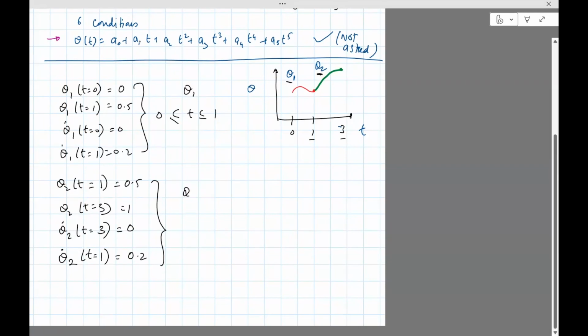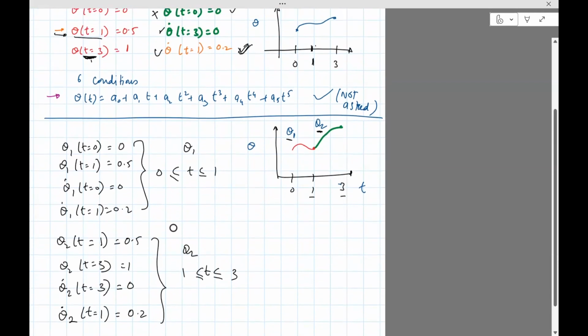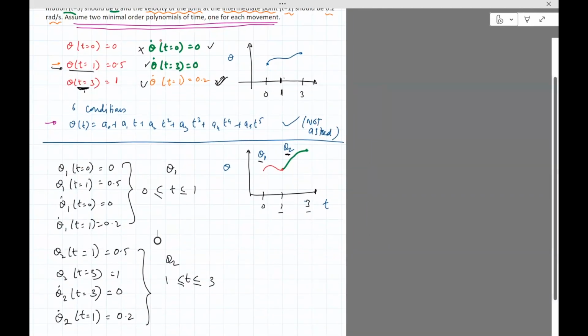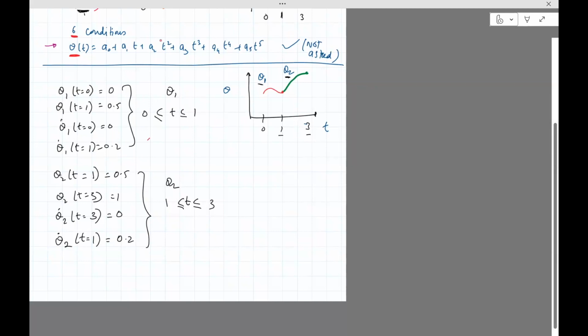So those are for theta 1. These are for theta 2. Here the time is from 1 to 3. Yes, I think I've covered all of the conditions. So what was supposed to be 6 conditions with a single polynomial is now 4 conditions for theta 1 and 4 conditions for theta 2.